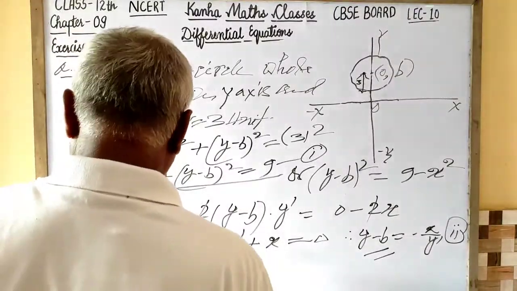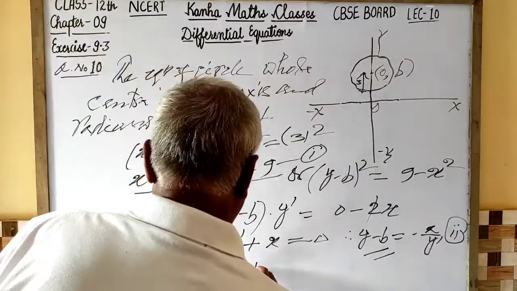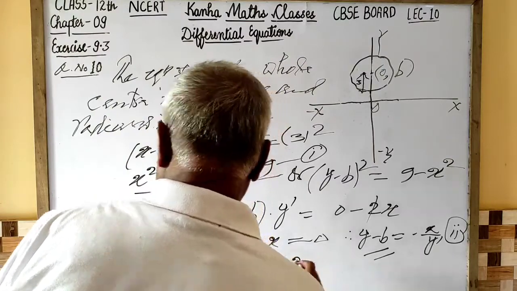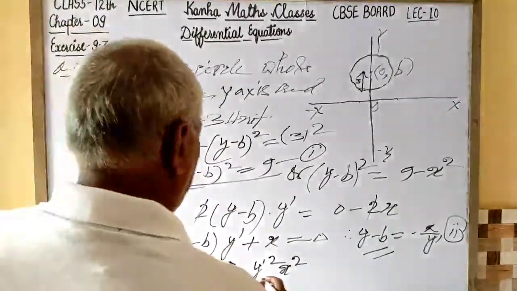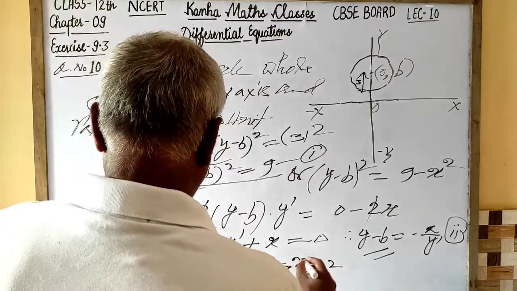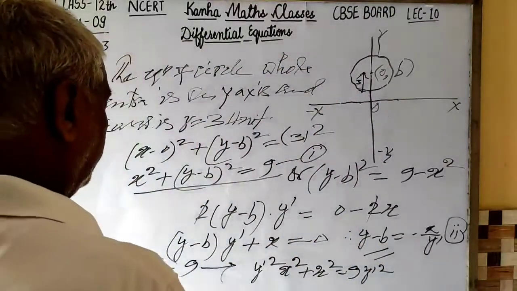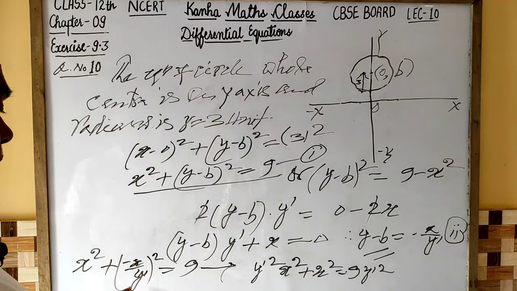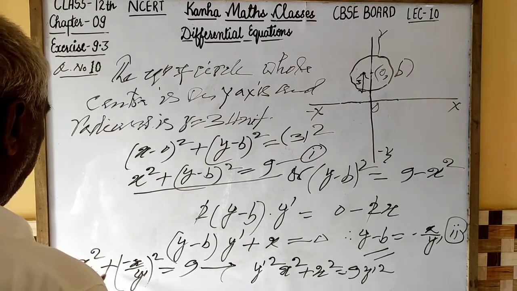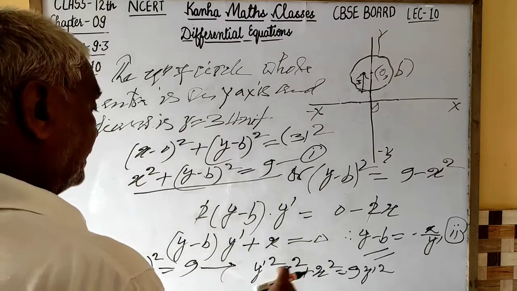Multiplying by y dash square, y dash square into x square plus x square is equal to 9 y dash square.